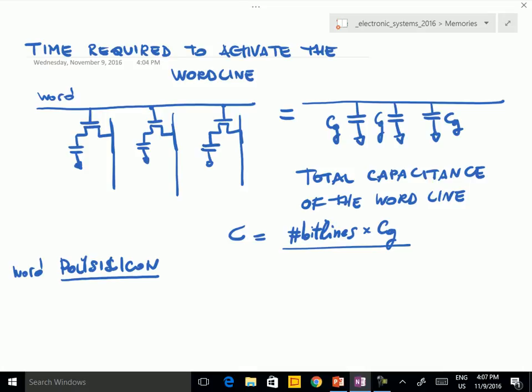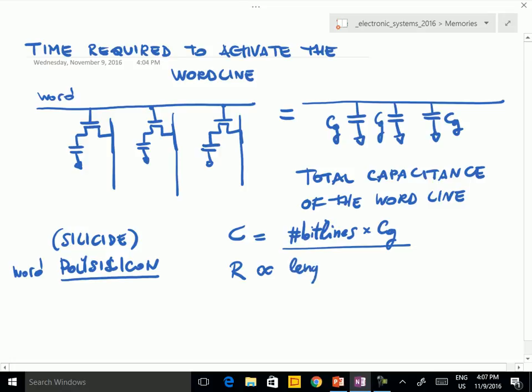So there is a layer of silicide on top of the polysilicon in order to reduce the resistance. But in practice it has a resistance which is larger than the resistance of a metal. And therefore I have to take this resistance into account. And the resistance, of course, again is proportional to the length of the word line, which is, of course, proportional to the number of bit lines.